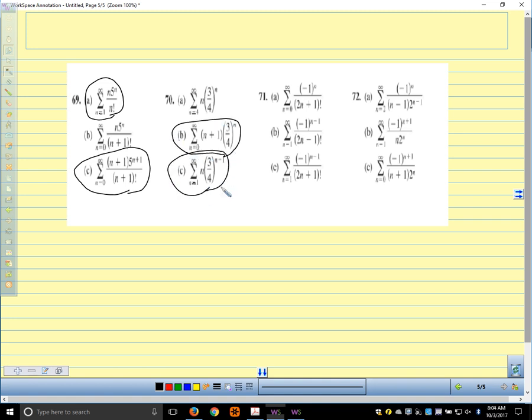How about 71? What are the indexes? This is 0, this is 1, and this is 1. B and C? No, those are indexed the same. It wasn't shifted. It's going to be A and something. A and B? Yeah. And the first term of this one? 1. First term of this one?